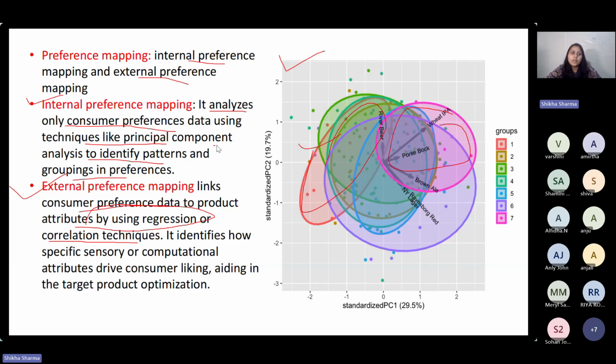So in internal preference mapping, only PCA is plotted and the groups separated. But in external preference mapping, it also relates to regressions or models like the PLSR model, partial least square regression, and identifies how specific sensory or computational attributes drive consumer liking, aiding in target product optimization.